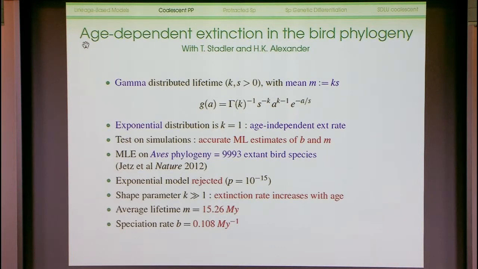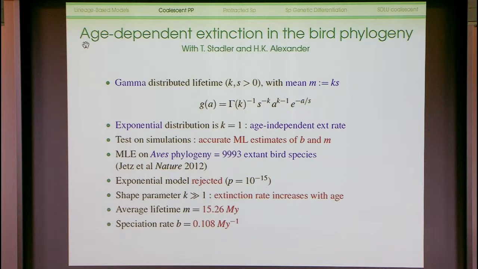So one thing we did with Tanya Stadler and Helen Alexander is to apply this result to the recent bird phylogeny that appeared last year. And what we did is to assume that we don't have time dependence, but we only have age dependence.